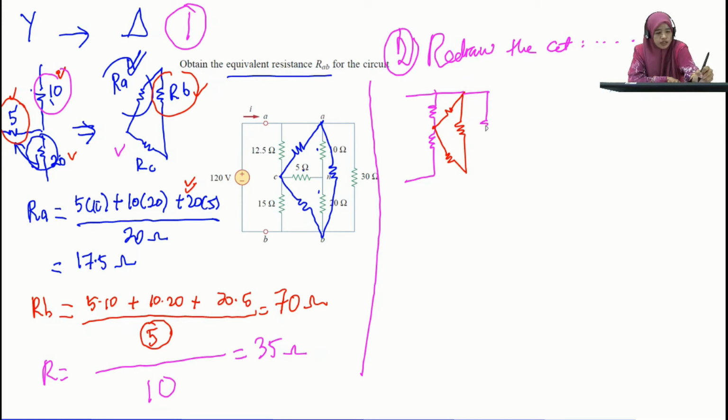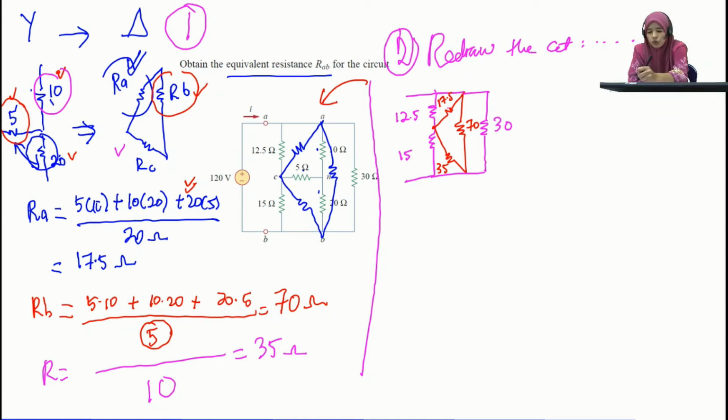The purple color is the circuit we have in the question, and the value you just take from the question, 12.5, remains unchanged. And these three values are the new values that we got from the Y-delta transformation, which are 17.5, here is 70, and here is 35 ohm. So this circuit is much simpler than the previous one.